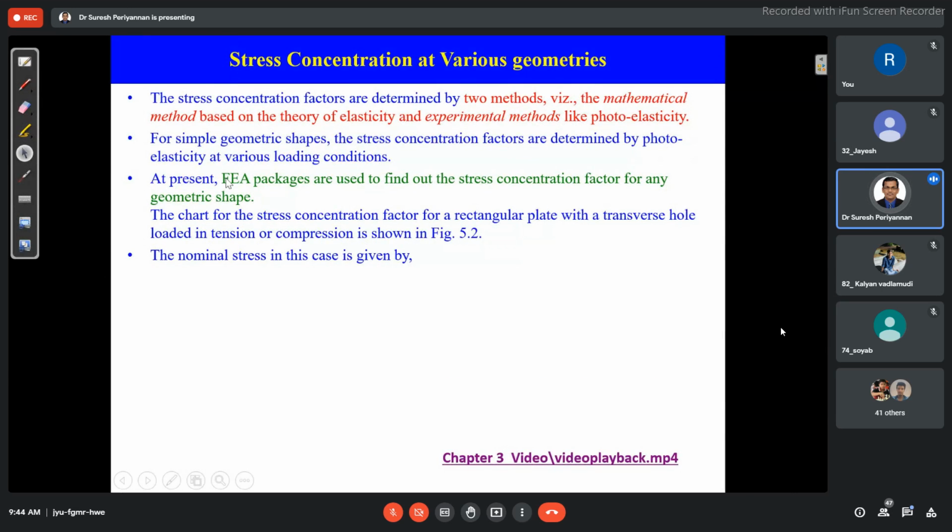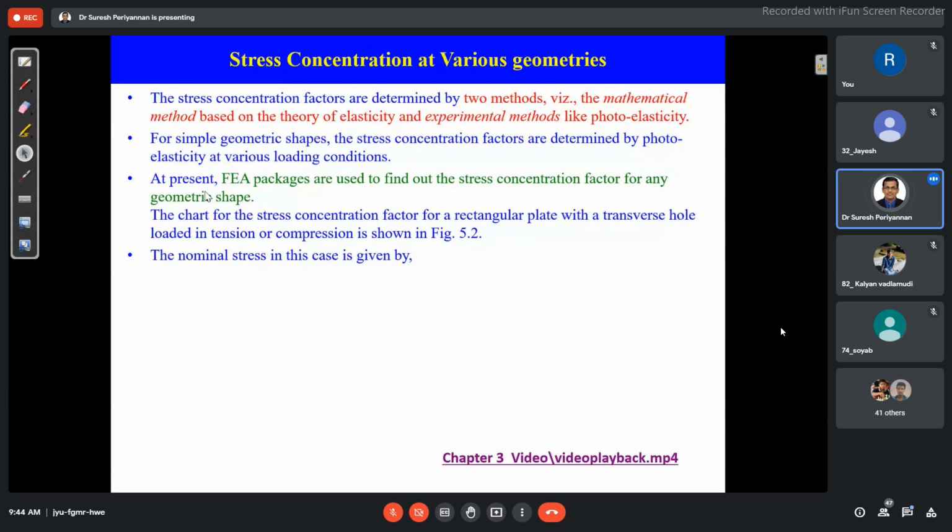Now people always go for FEA software, because once you complete your design with the help of CAD software, you can go for pre-processing, post-processing and visualization. Then you can easily apply the load conditions and define your boundary conditions.